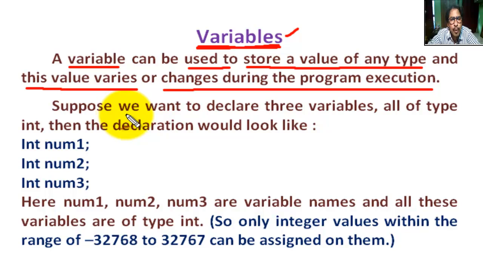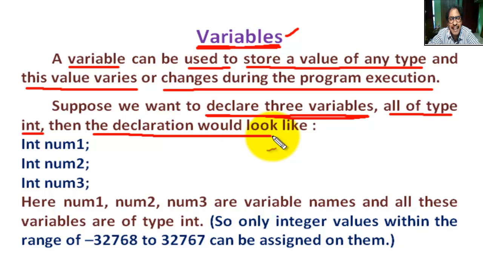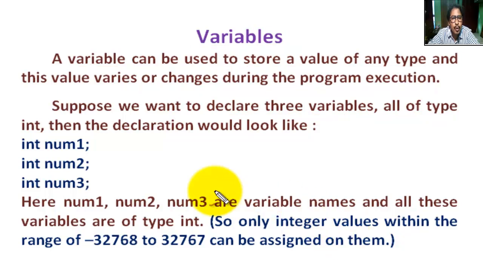Okay. Suppose we want to declare three variables, all of type integer. The declaration would look like this, int must be in small letters: int num1.